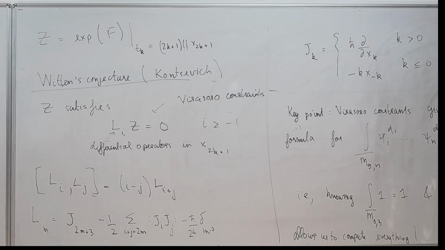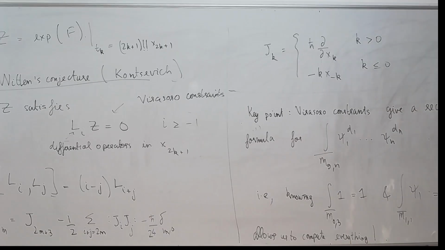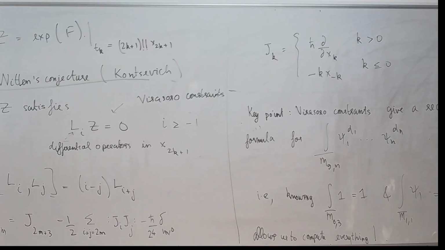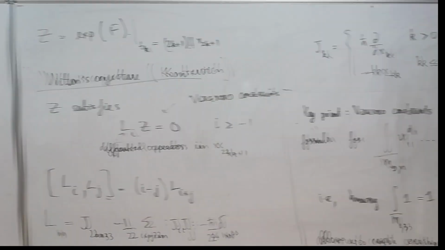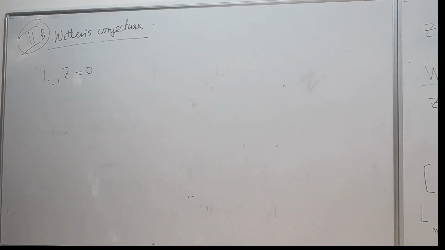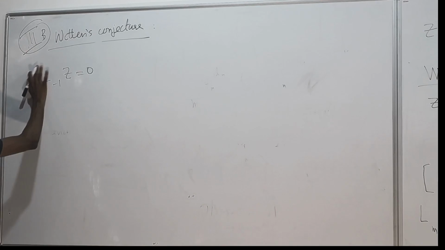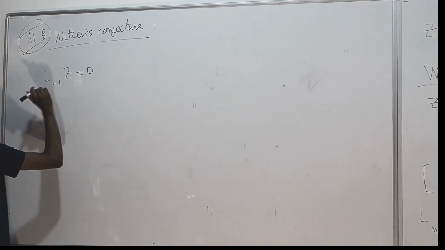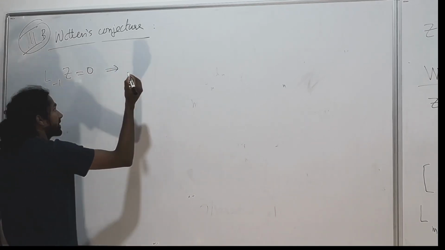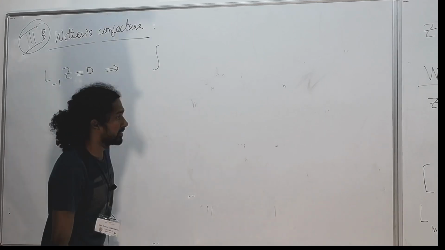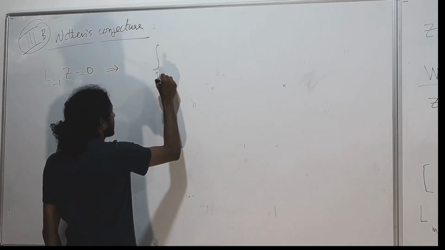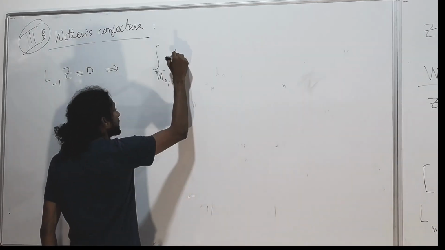Okay, so if you do this now for L_{-1} Z equals 0, I won't do this explicitly, but it's a very good exercise to do. The first thing that you see is that you actually do get the initial conditions as well.